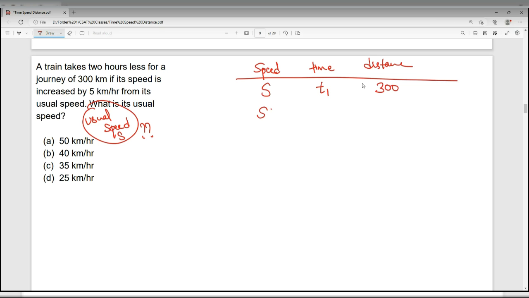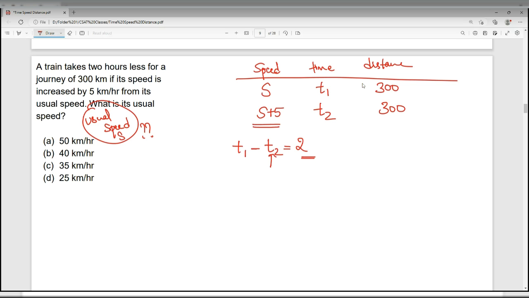So this is S plus 5, and then we have T2. Let the new time be T2. What they're saying is T1 minus T2 is equal to 2. If the speed is more, the time taken would be 2 hours less than the normal time.